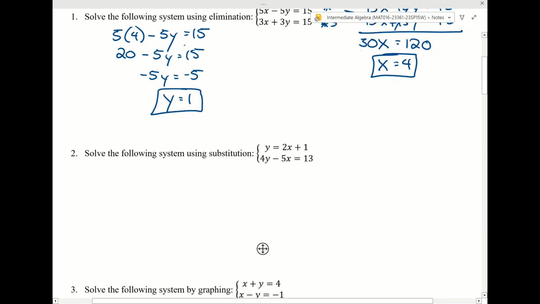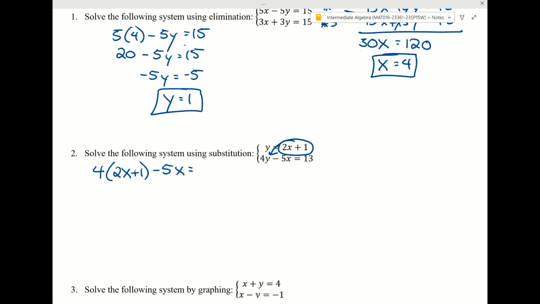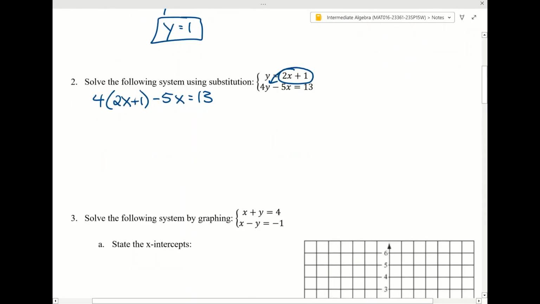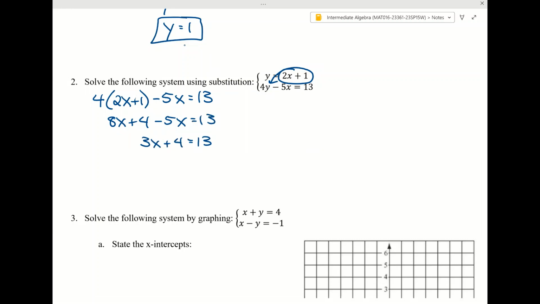For the second one, substitution, we're going to plug this in for y. So instead of saying 4 times y, we're going to do 4 times 2x plus 1 minus 5x is equal to 13. And then if we distribute, that's 8x plus 4 minus 5x is 13, or 3x plus 4 is 13.